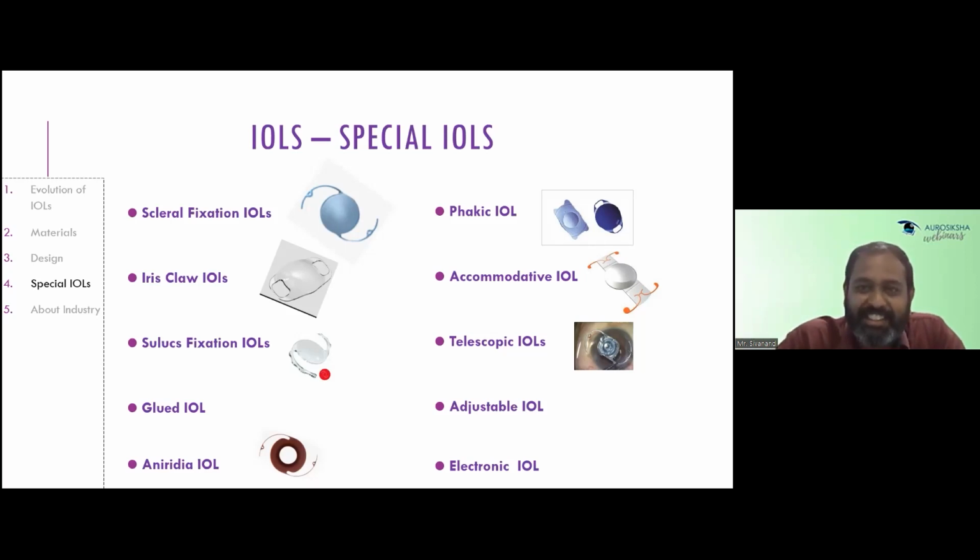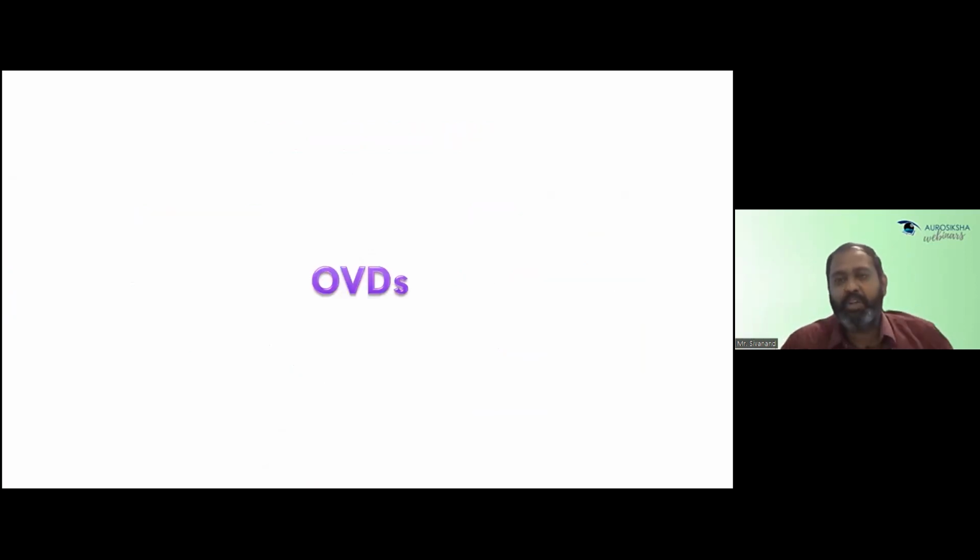So these are the various special IOLs, and IOL is a very fast advancing field. All these things I have put are just from the last 30 years or so. In 30 years, IOLs have evolved so much, and we have been able to give so much better options to the patients for better quality of life.